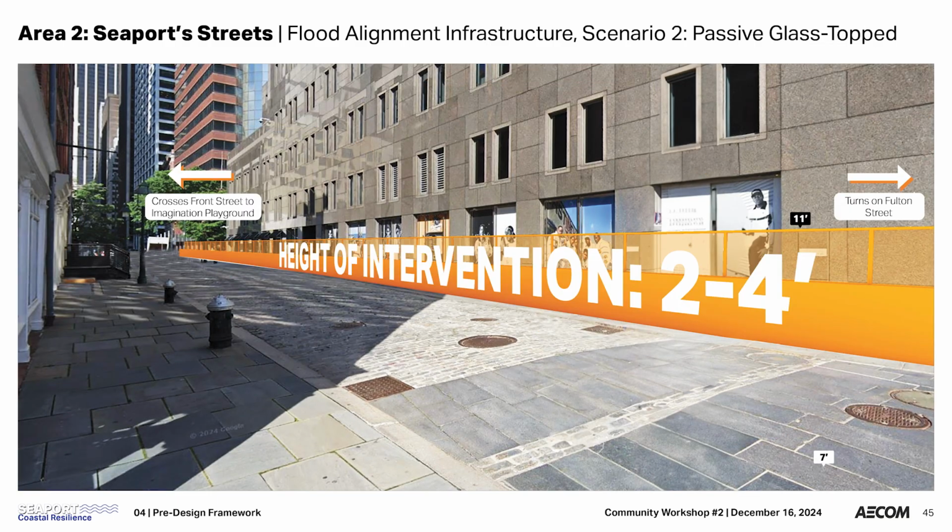And then we have a second option for the flood protection in the exact same place. We're doing something very similar at Battery Park City around the Museum of Jewish Heritage. It's fully passive, which is good news, but it's a combination of a hardened structure with a glass topper for flood protection.